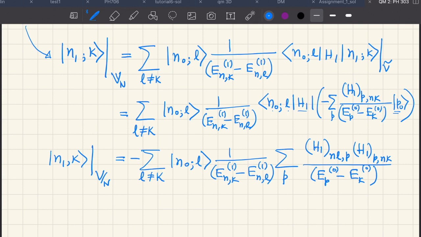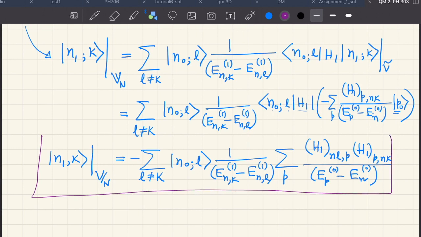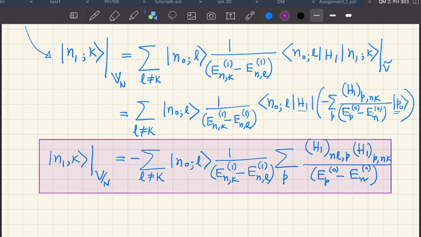Sorry, I think I have gone wrong somewhere, because this was P comma Nk, we have always used N instead of K. So this is the expression for the correction to the state to first order because of the degeneracy.